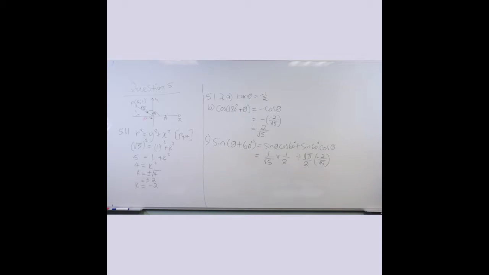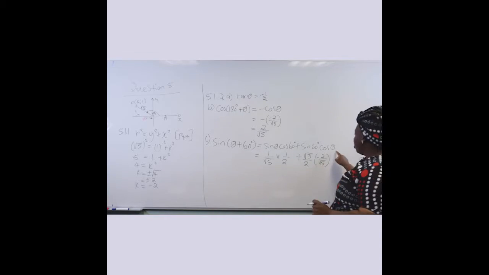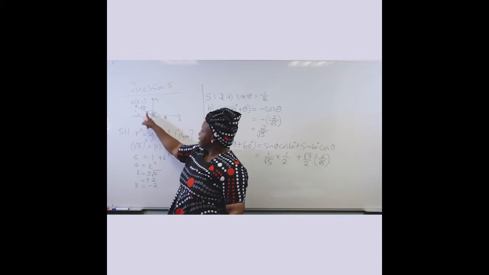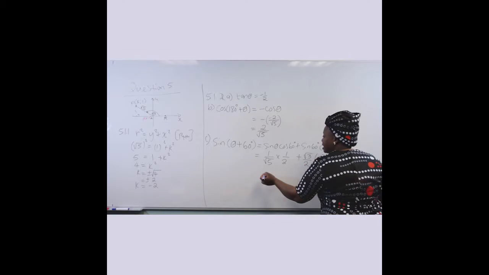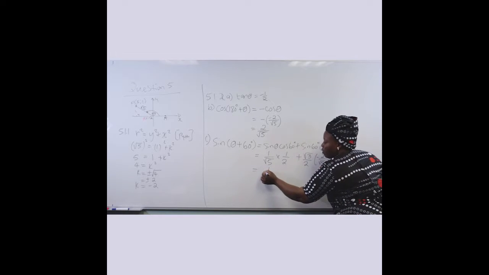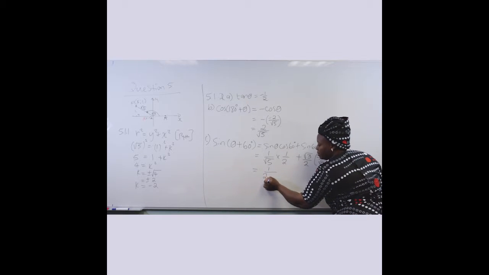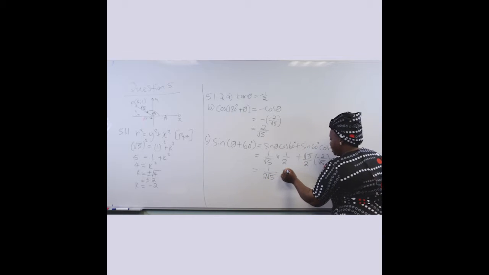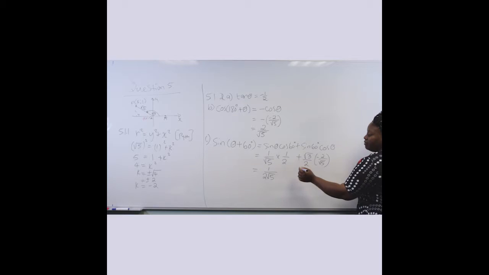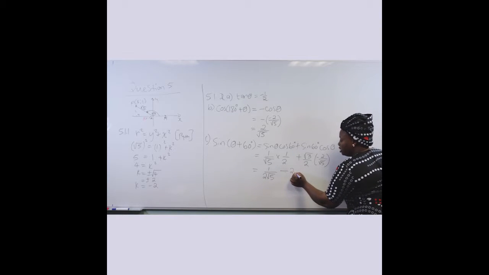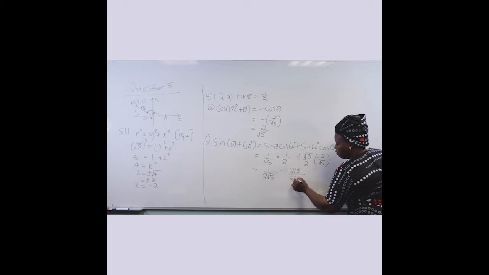So this is what we are having at this moment, because cos theta, we just found it, cos theta is adjacent over hypotenuse. Okay, folks, let's multiply this out. We'll have 1 divided by 2 times the square root of 5 plus, so we're going to say negative times positive gives us a -2 times the root 3 divided by 2 times the root 5.